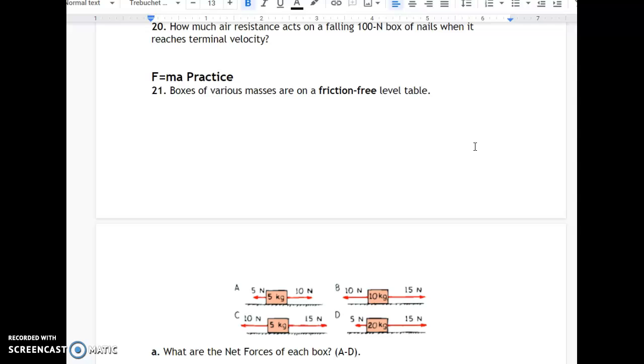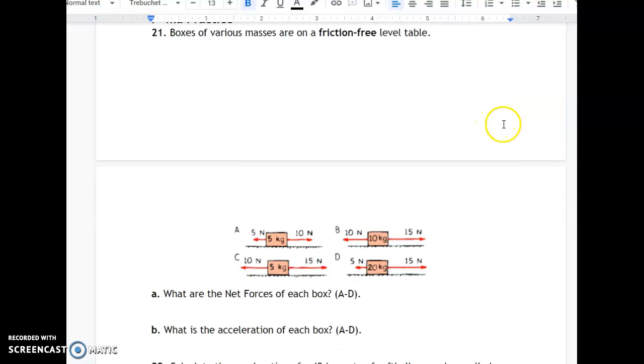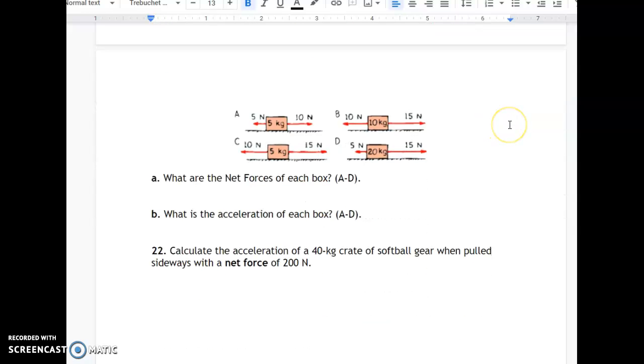So F equals ma practice. Number 21, boxes of various masses are on a friction-free level table. What are the net forces of each box, and what is the acceleration of each box? For A, you have 10 newtons right, 5 newtons left, so the net force is 5 newtons to the right.